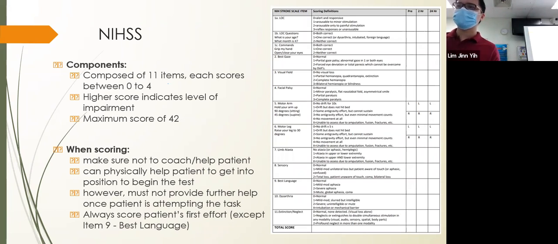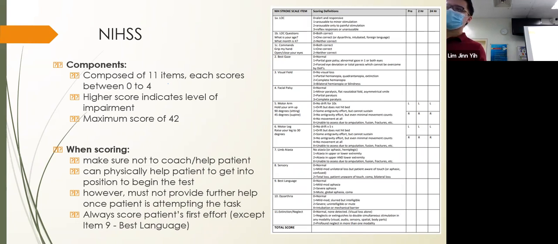So bear in mind that even if the NIHSS score is 0 for a posterior stroke, the neurological and medical sequelae are very high. The complications are severe as well.